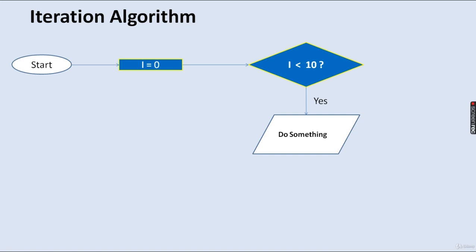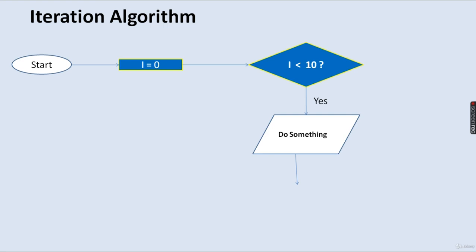Okay, this is the first time. For the second time I have to go back, but before checking the condition for the second time, I need the third part of any loop algorithm, in any programming language, which is the incrementing of the counter.